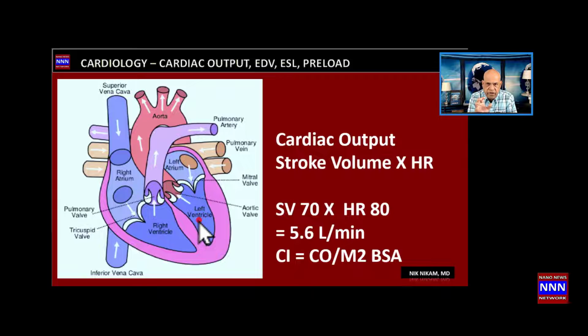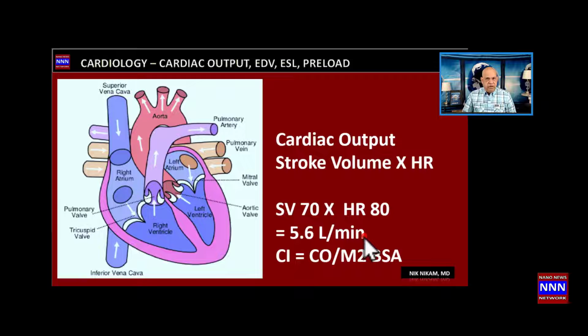At the end of ventricular systole, if the blood volume that is left is 30 ml, the stroke volume is 100 minus 30, which is 70 ml. So if you take the 70 ml, multiply that by the number of times the heart beats in a minute, that gives you the cardiac output, which is 5.6 liters per minute.